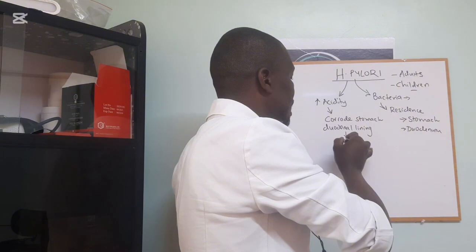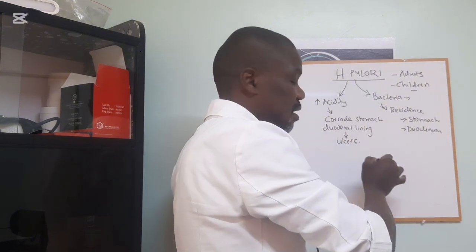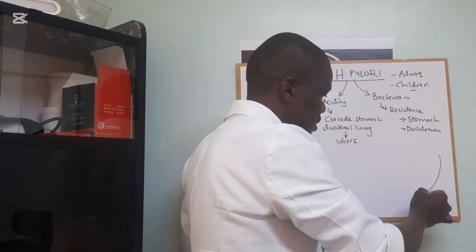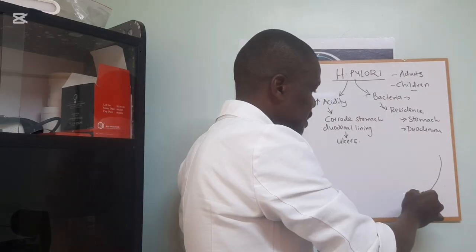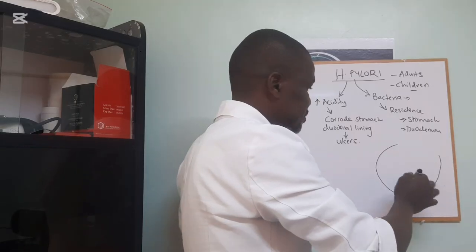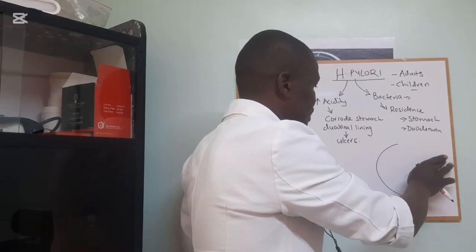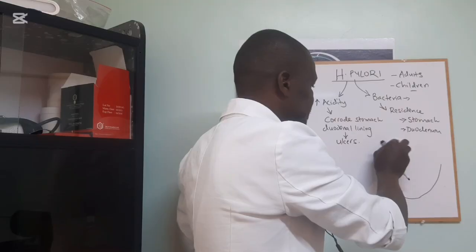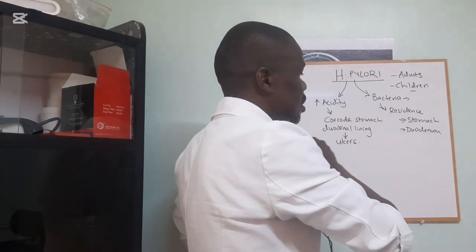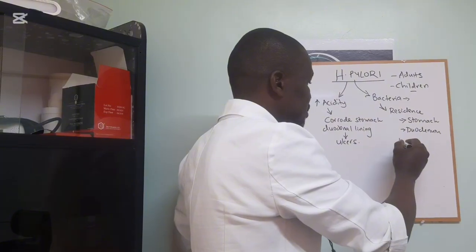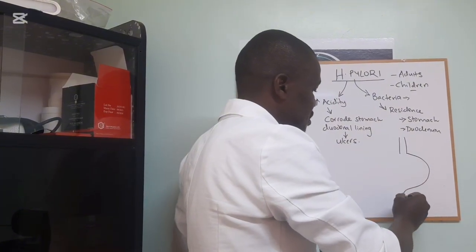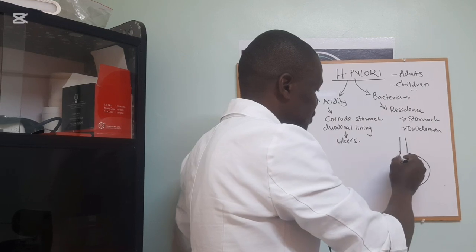leading to ulcers. An ulcer is a break in the lining. Let me just draw something better so that we're also able to see where is the stomach and where is the duodenum. So here you have the food pipe, then you have your stomach, then your small intestine starts from there.